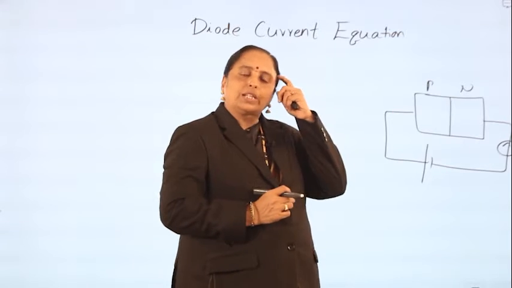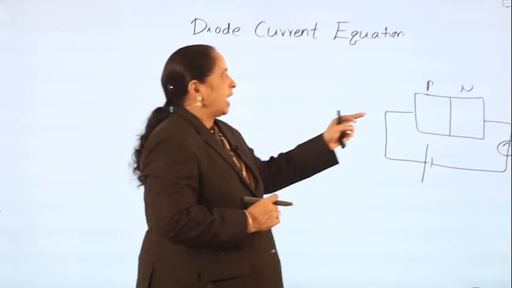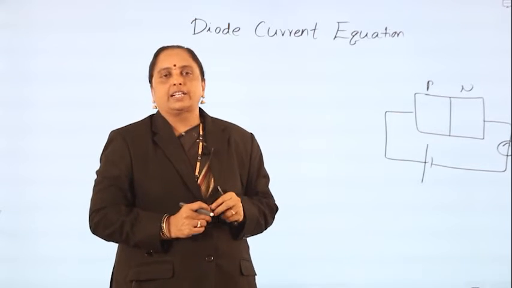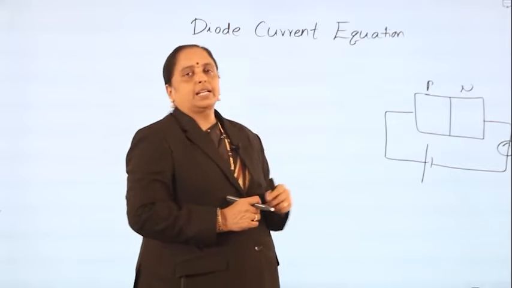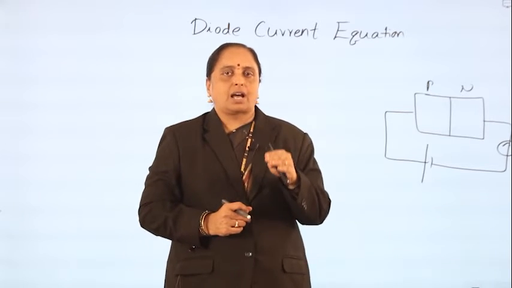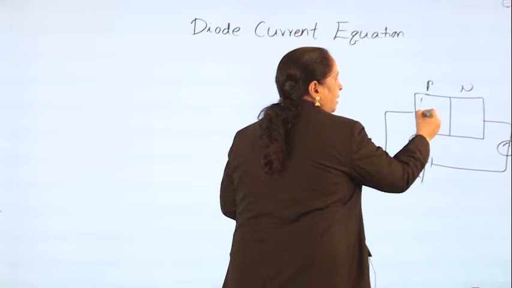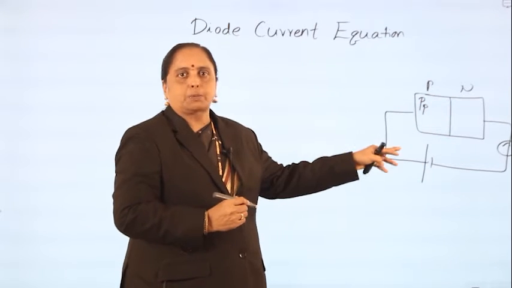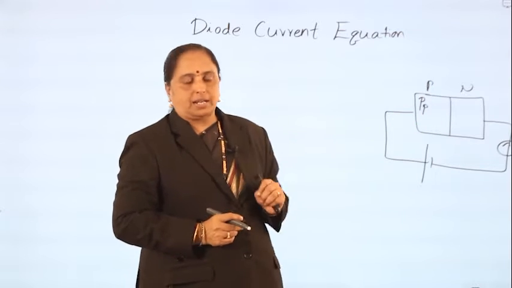In P material, you know that there are more positive charge carriers, holes, and in N material there are more negative charge carriers known as electrons. But in each material, the minority carriers are also present. For example, in P material the holes are majority charge carriers, so P suffix P represents the holes in P region, majority carriers.